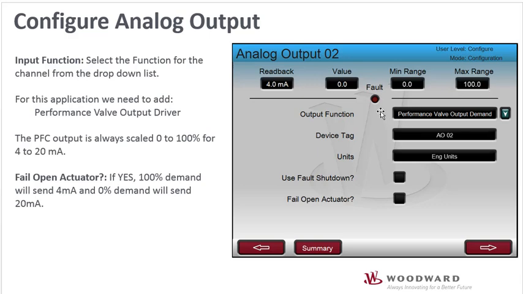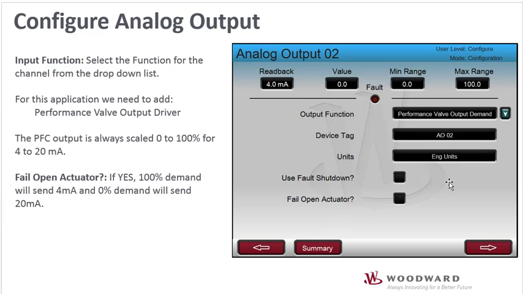If, say, performance was configured to be the speed set point for the prime mover control, the scaling is still set up for 0 to 100 here, and that relates to, say, 4 and 20 milliamps, and that needs to be configured and scaled on the prime mover controller to represent, say, the minimum and maximum governor.